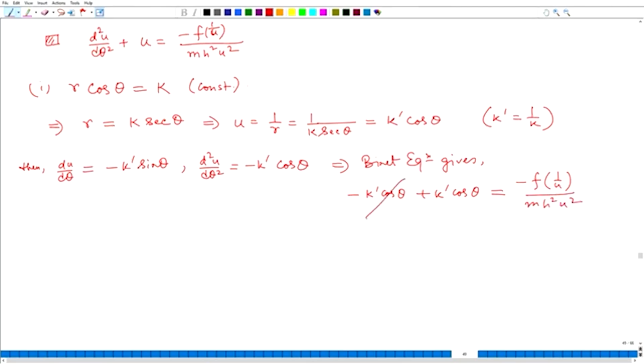So, you see that will cancel each other, and you have the force has 0 magnitude. It means no force is there.